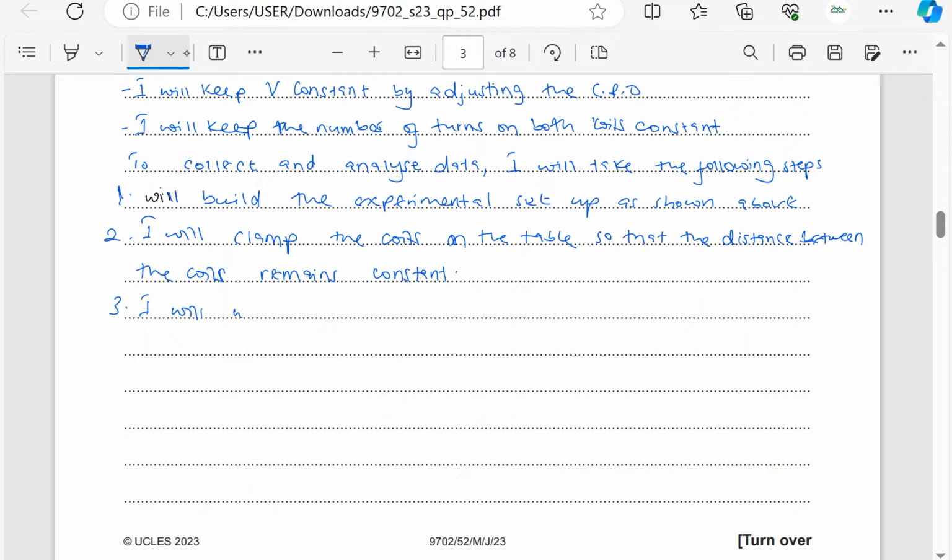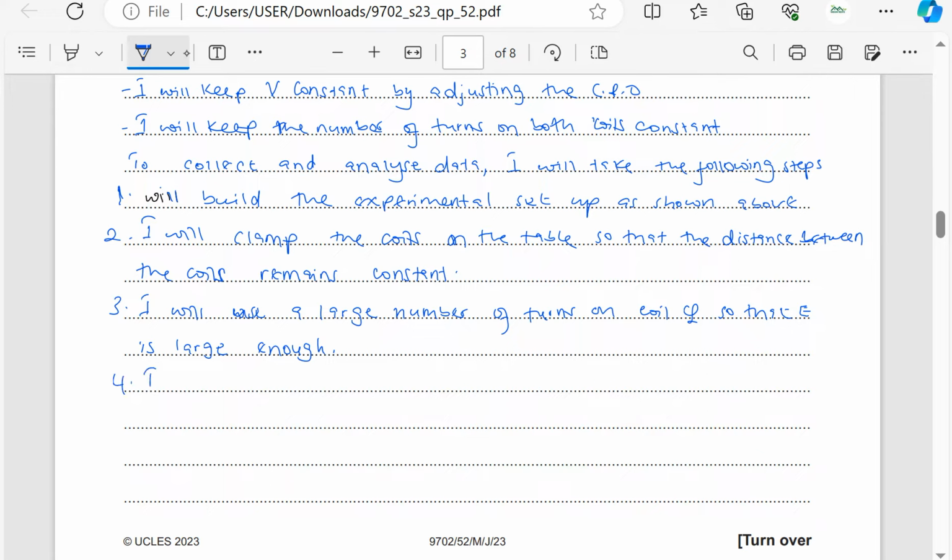So I will use a large number of turns on coil Q so that E is large enough.